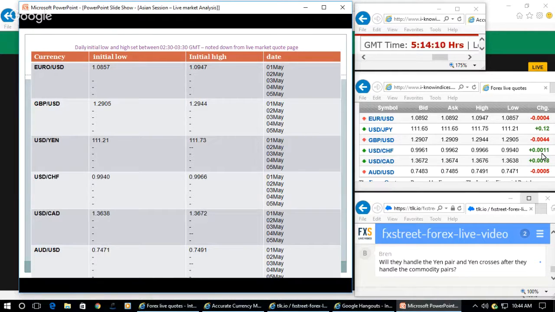Then USD CHF to start with, followed by USD yen, and finally Canadian dollar, USD CAD. So that is how they will make the slide. So watch the move and understand how sequentially they do it, and also you can understand how it is predictable for us by looking at the net changes.